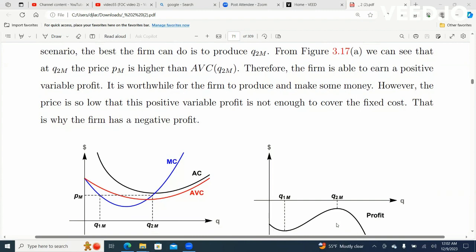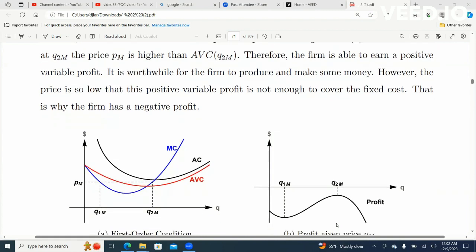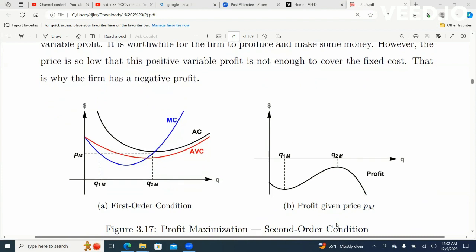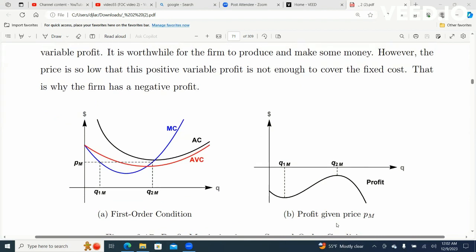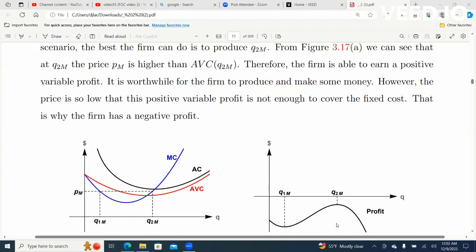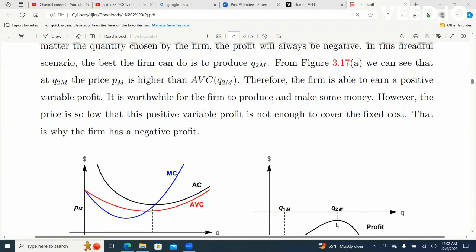All of it is a negative profit, unfortunately. We want to be above the AC as well, but we're talking about above the AVC here.